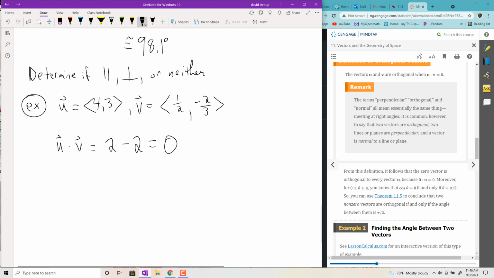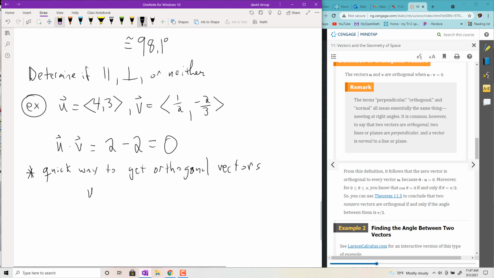A quick way to produce orthogonal vectors, if you didn't already figure it out previously, and this only works for vectors in the plane.